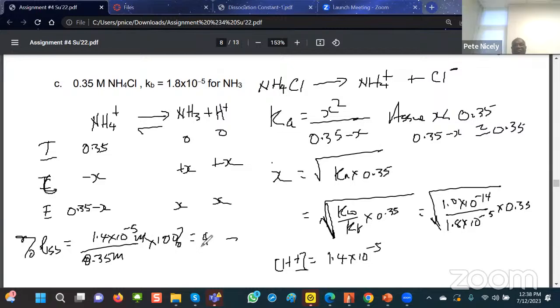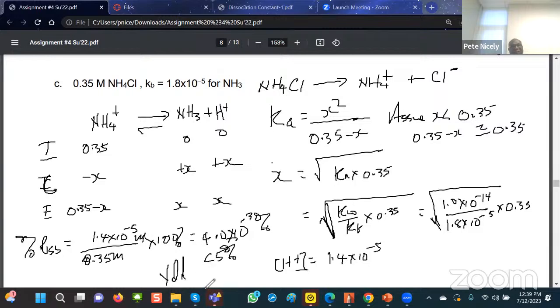I just lost track of my thought a while ago. It would end up being 4 times 10 to the negative 3. Yeah, you're right, times 100. So 4.0 times 10 to the minus 3 percent, which is definitely less than 5%. So the assumption is valid.